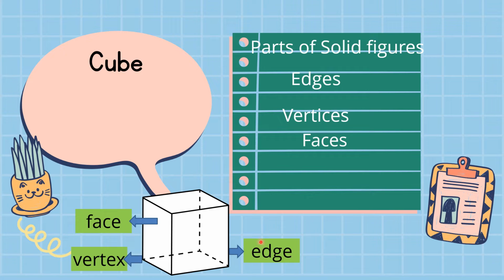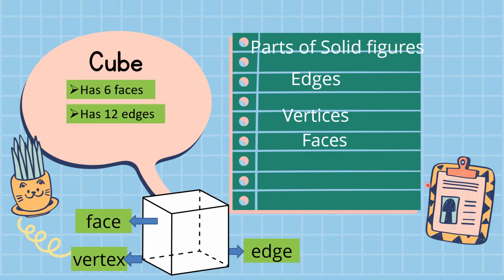A cube has 6 faces, 12 edges, and 8 vertices. For the 6 faces, imagine an ice cube: one in front, 2 the back, 3 one side, 4 the other side, 5 the top, and 6 the bottom.